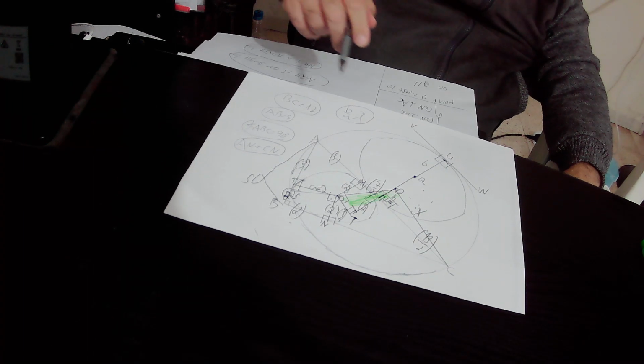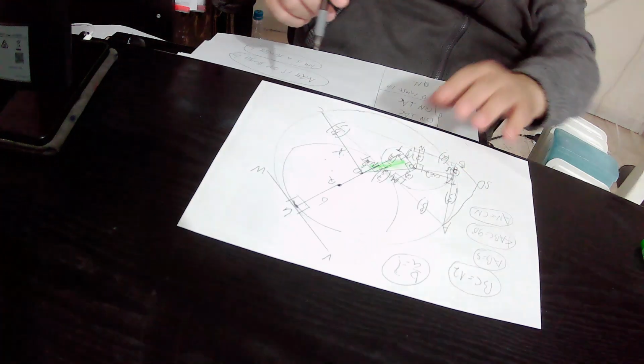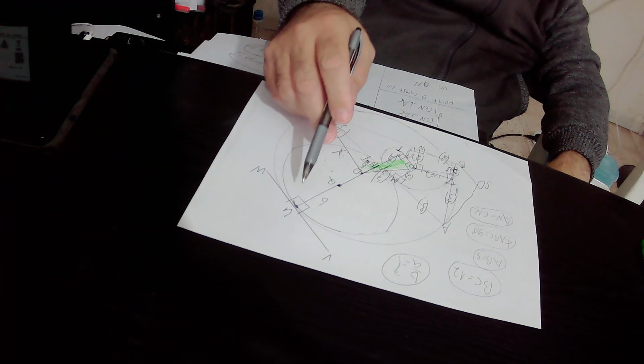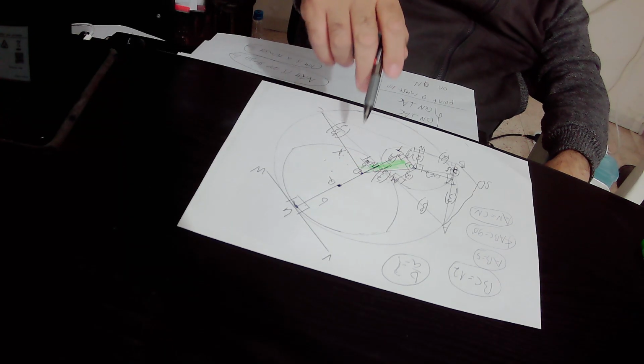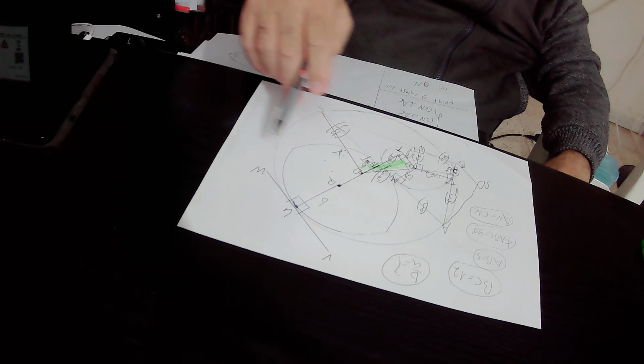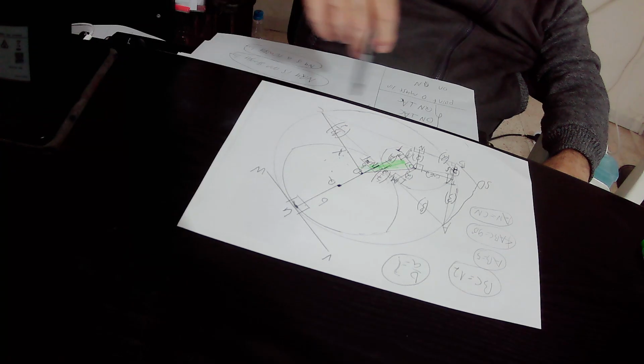We define the touching point of this circle with the big circle as U. Then we draw tangent VW, which is tangent both to this circle and to the biggest circle.